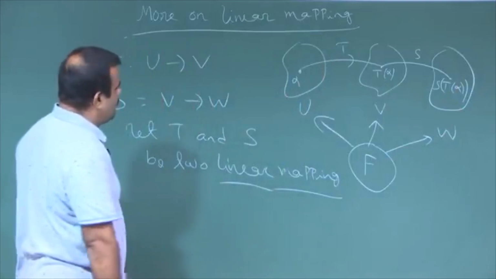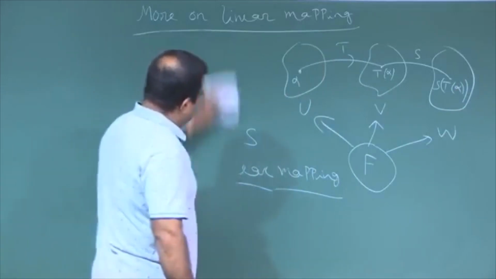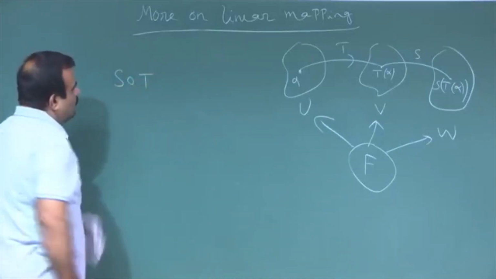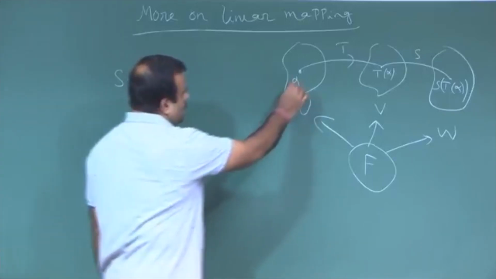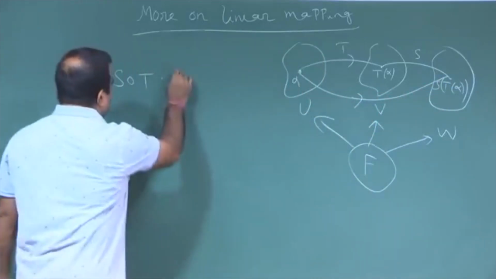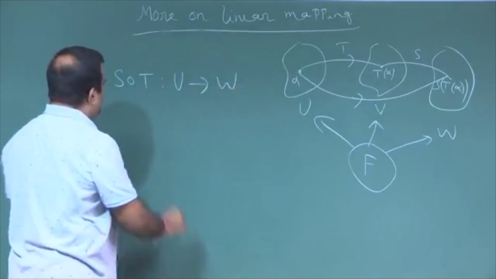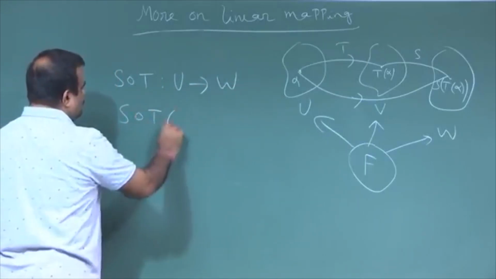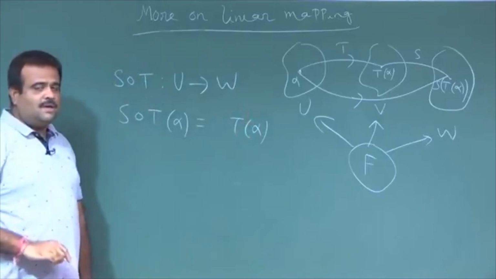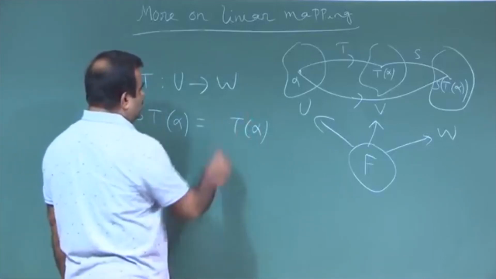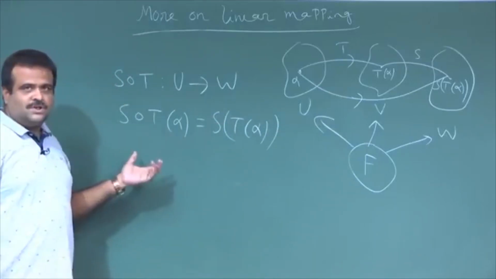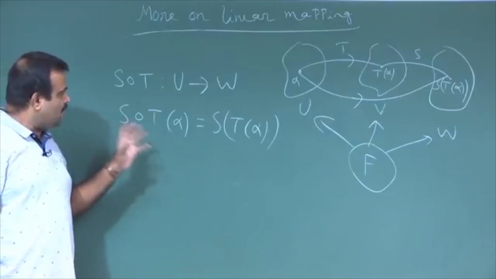This composition mapping is denoted by S compose T, and it is a mapping from U to W. We first apply T to alpha, giving an element in V, and then we apply S on it. This is how we define the composition.